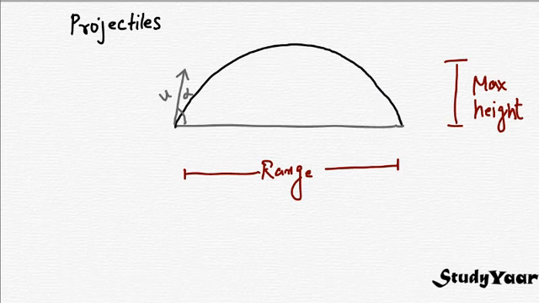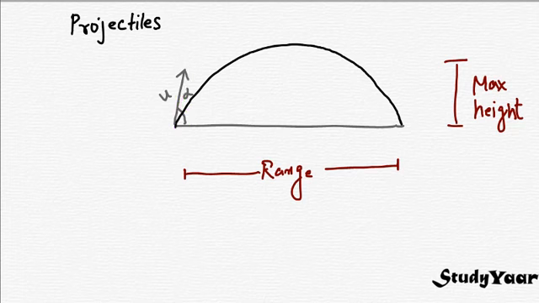So we can think that at t is equal to 0, I know the velocity which is u in a direction alpha, in a direction which is specified by this angle alpha.